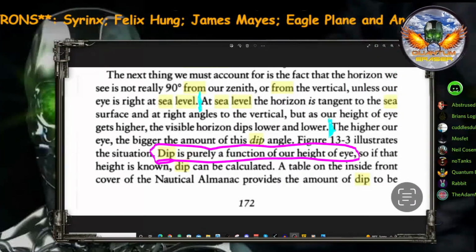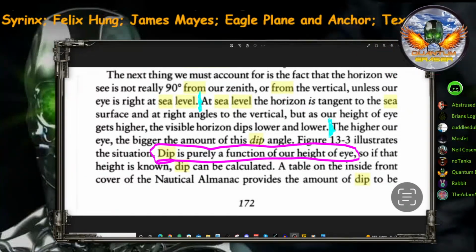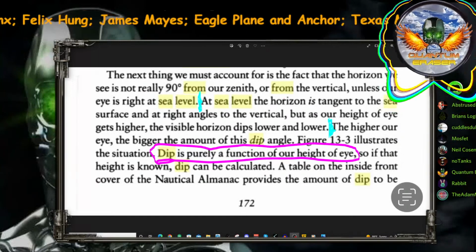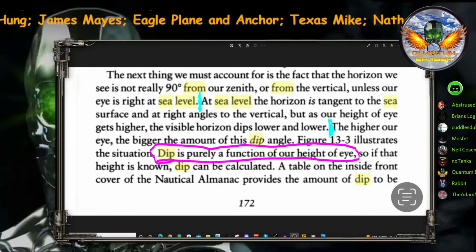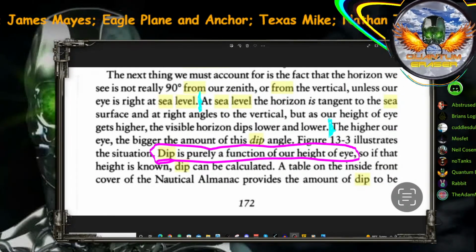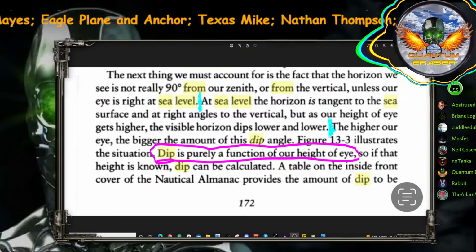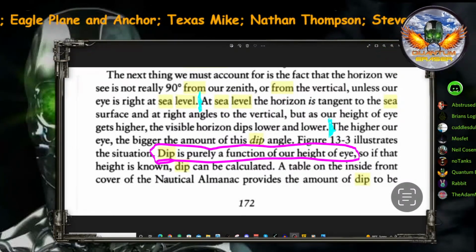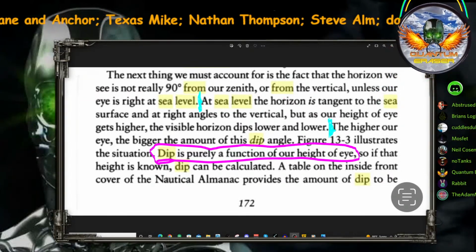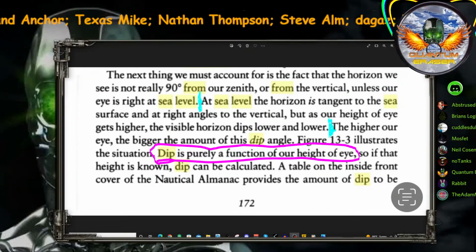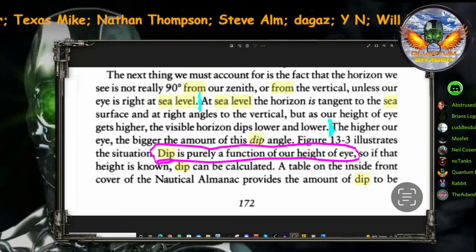As our height of eye gets higher, the visible horizon dips lower and lower, which it will do on two functions: height of eye, and if the surface isn't flat, also how the surface changes, in this case on a spherical surface, R. But then it makes the statement dip is purely a function of our height of eye, which is incorrect. It's also solely related to R, more important to R than anything over the visual range.